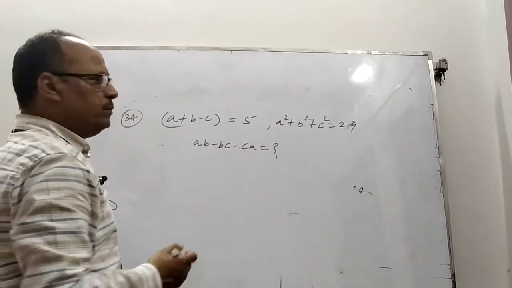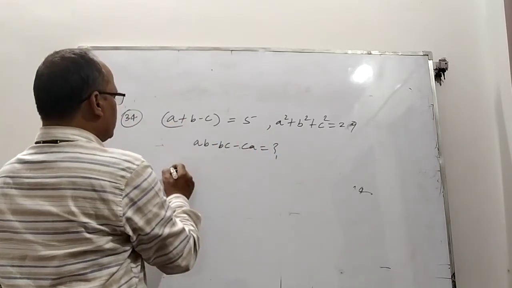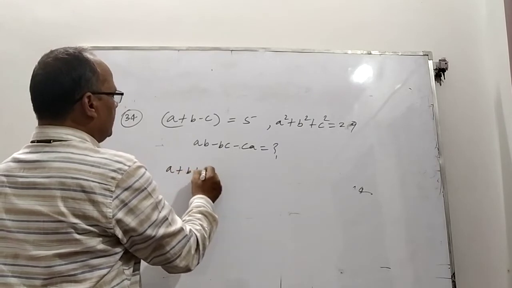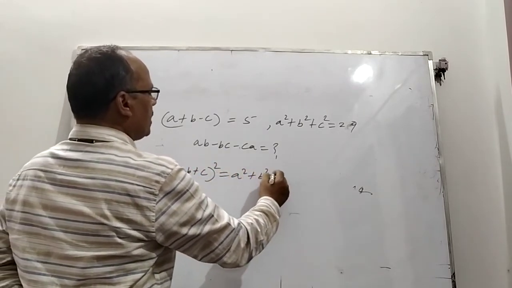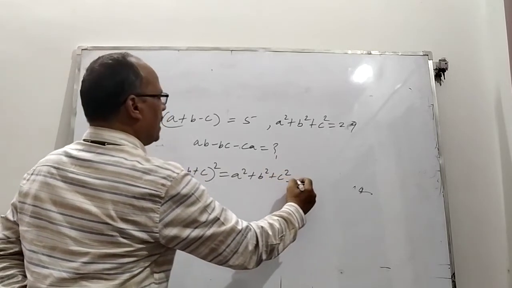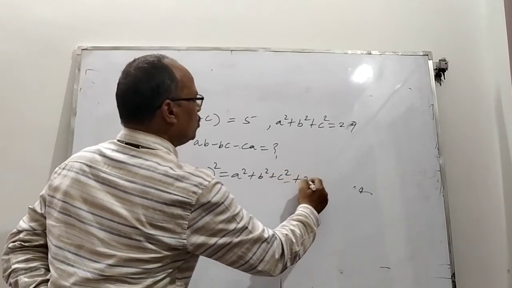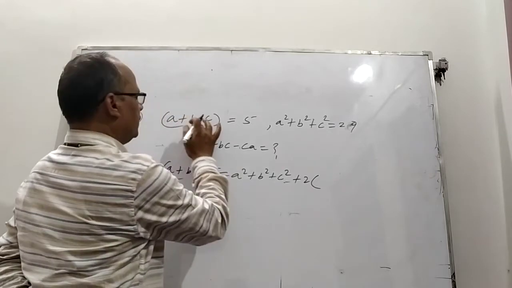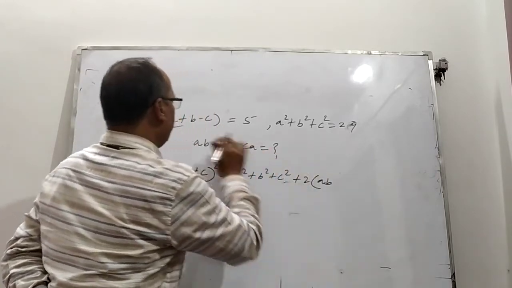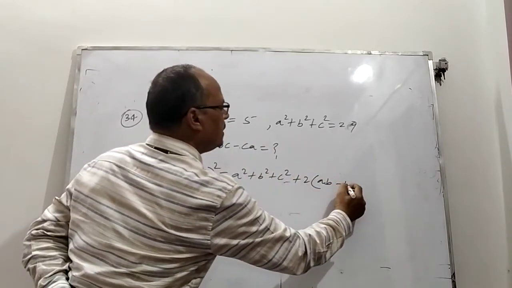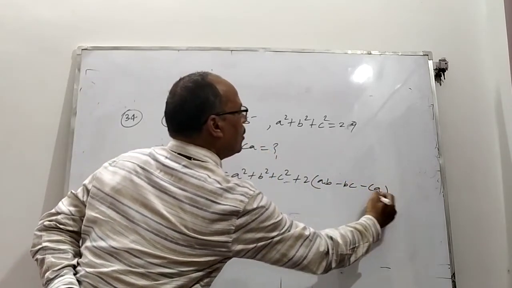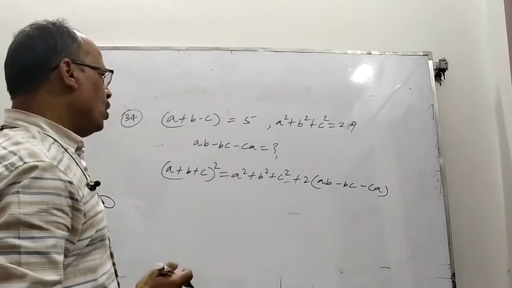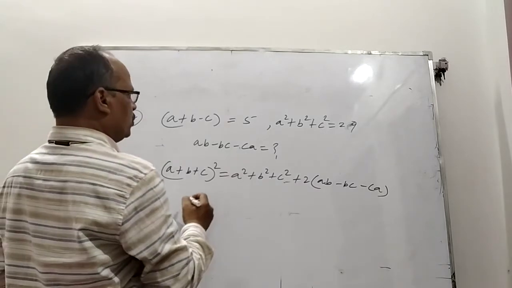What you will do? You will take the square of this. A plus B minus C whole square equal to A square plus B square plus C square plus 2 AB minus BC minus CA. Then you substitute the value, you will get your solution.